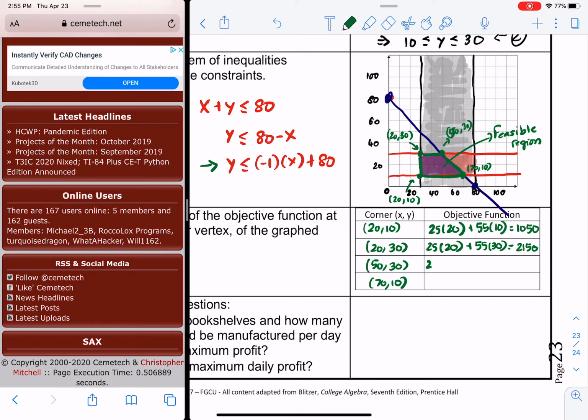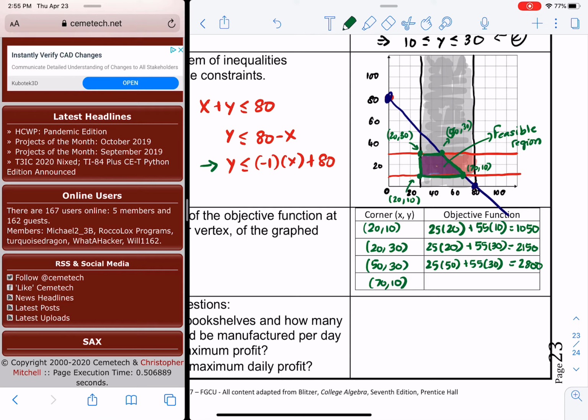And 25 times 50 plus 55 times 30. So that would equal 1250 plus 1650, which is 2,900.